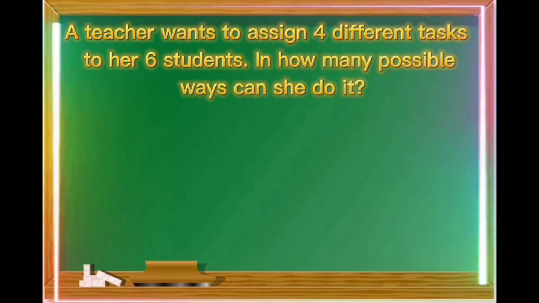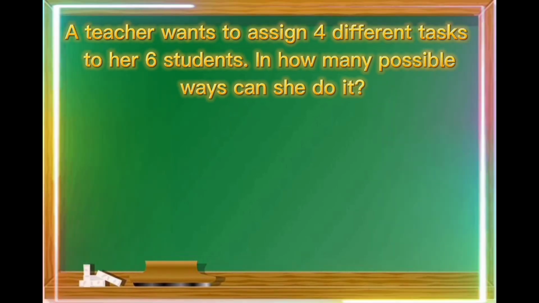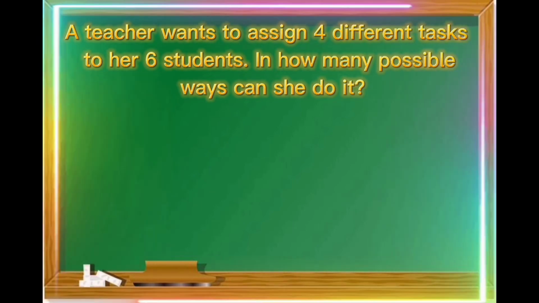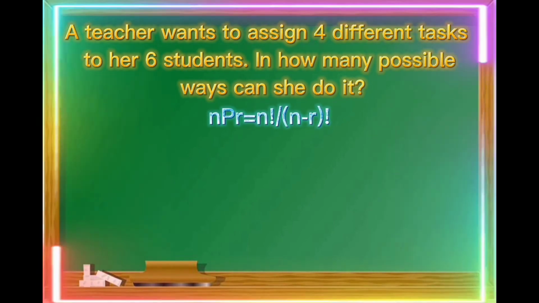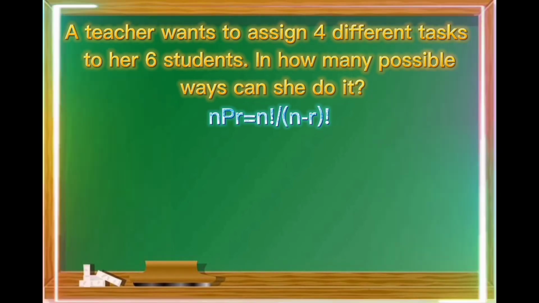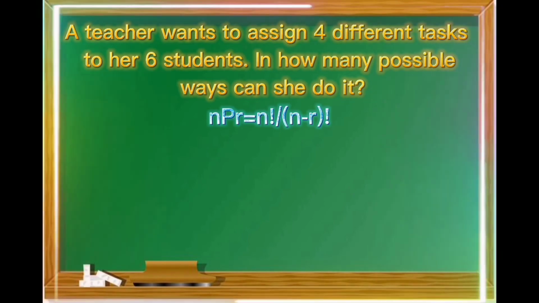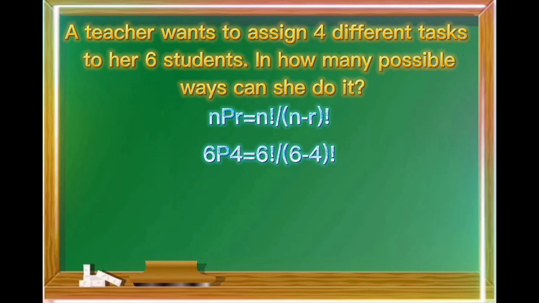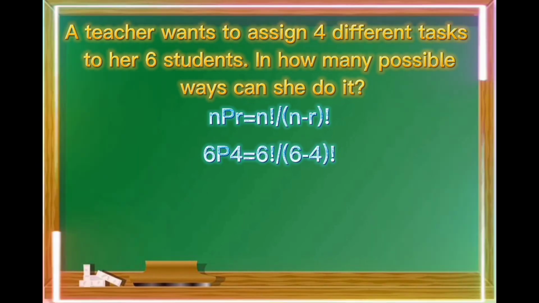Another example. A teacher wants to assign 4 different tasks to her 6 students. In how many possible ways can she do it? To determine the number of ways, we will use the formula nPr is equal to n factorial over n minus r factorial. Then, let us substitute 6 to n and 4 to r. So that will be permutation of 6 taken 4 at a time is equal to 6 factorial over 6 minus 4 factorial.